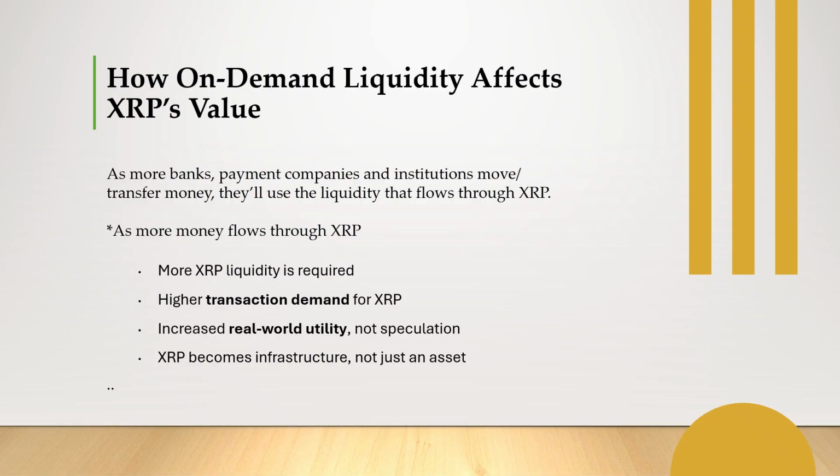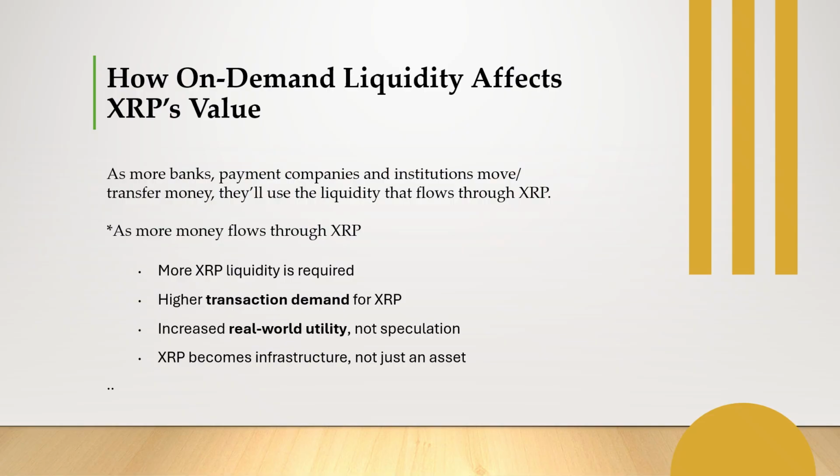So let's take a look at how on-demand liquidity affects XRP's value. As more banks, payment companies, and institutions move or transfer money, they'll use the liquidity that flows through XRP. As more money flows through XRP, there are several things that are going to happen. More XRP liquidity is required.